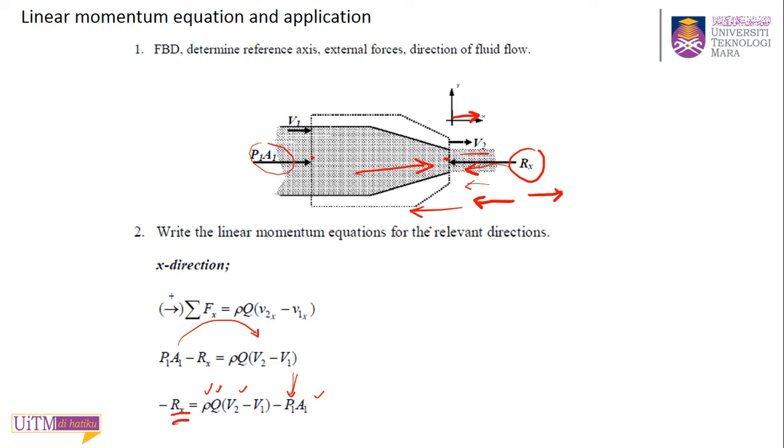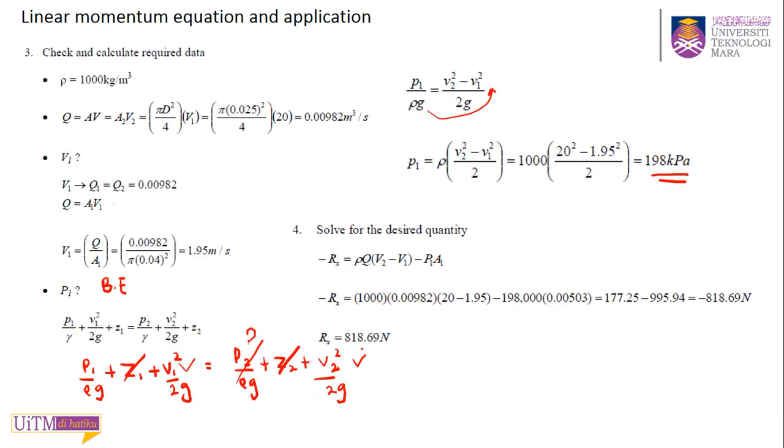But it doesn't matter actually. If you assume to the right, that is also fine, and when you calculate, you will get a negative value. So you just write that your assumption is wrong, and the direction should be to the left. Okay?